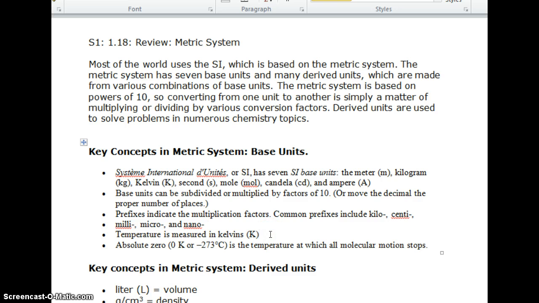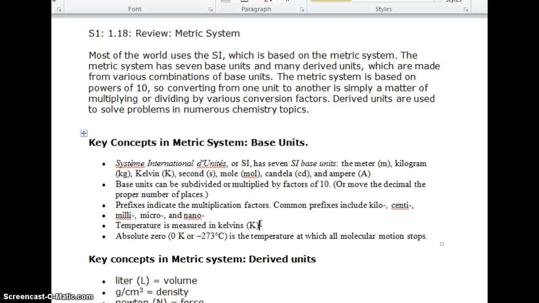Temperature is measured in kelvins, and absolute zero, 0 Kelvin, is the temperature at which all molecular motion stops. Okay, close your eyes. What does liters measure? Volume. And how is liters abbreviated? Capital L. What does grams per centimeter cubed measure? Density.